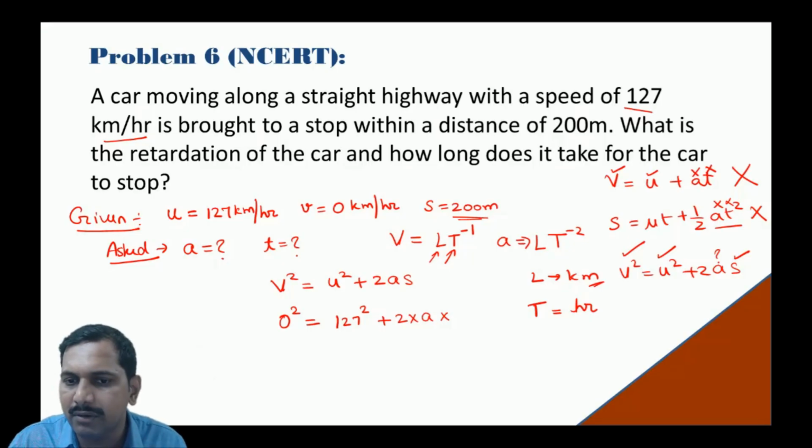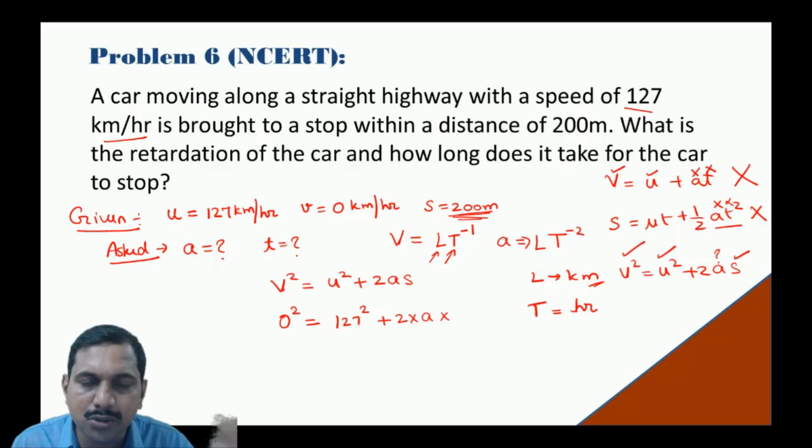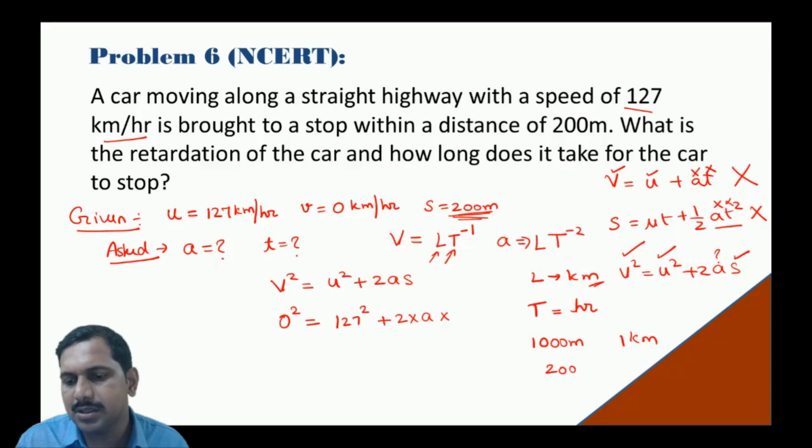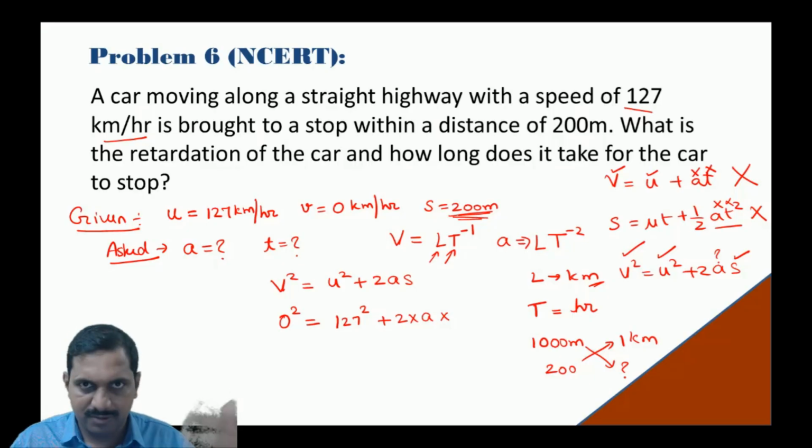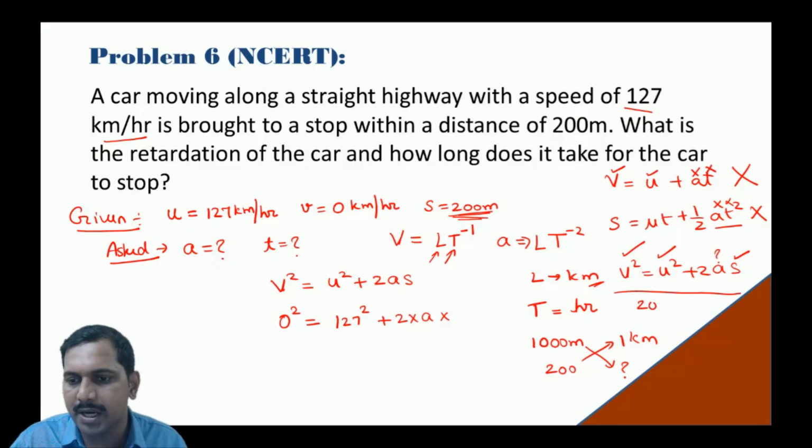So we have to convert meters to kilometers. We have 1000 meters is 1 kilometer. Then 200 meters would be what? It is cross multiplication as we have understood in high school. So it is 200 divided by 1000, which is equal to 0.2.